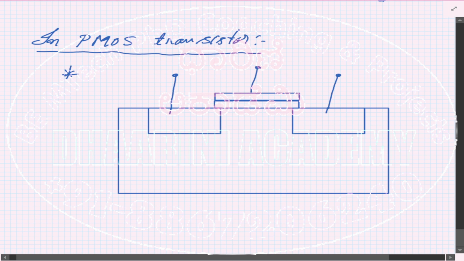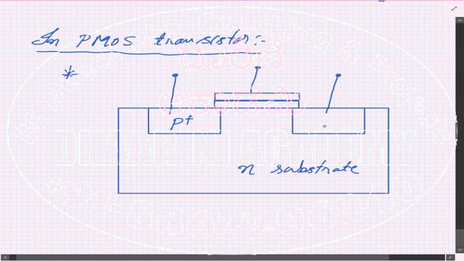Now the normal way of making this device work is, let me write the various regions now. If you want an N channel, the substrate was P. Now I want a P channel, so this is N. This is the substrate, the body of the transistor. Then I need P plus.